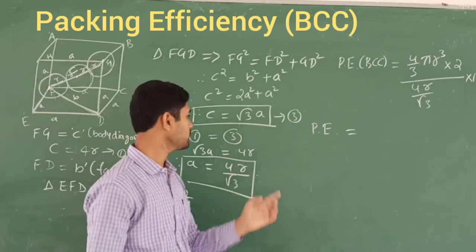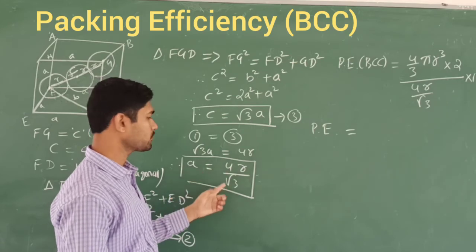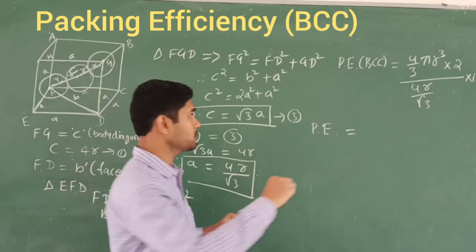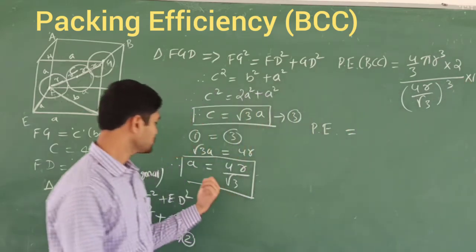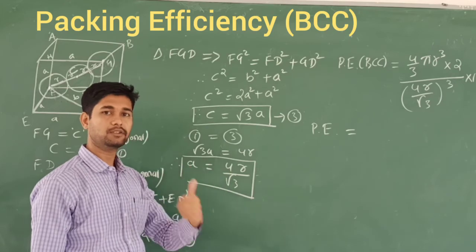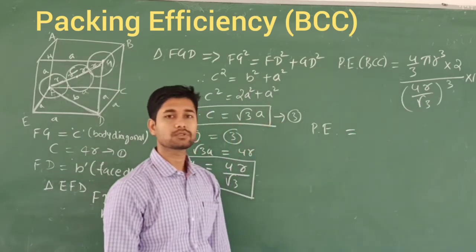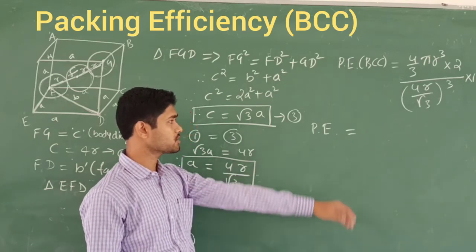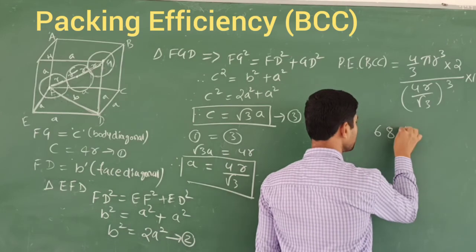So a cube, where a is 4r by root 3, so the volume of the cube is 4r by root 3 cube. After this calculation, we are going to find this value as 68%.